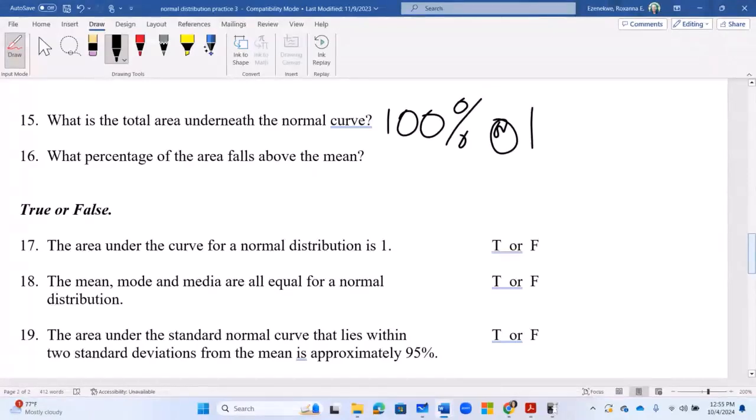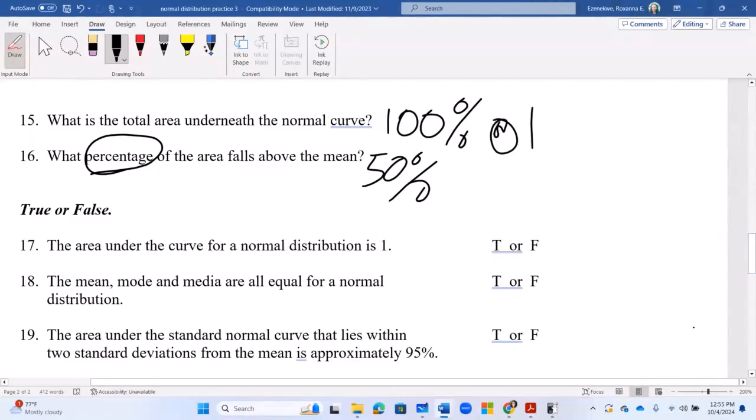Above means greater. The question says percentage, so you have to write the answer in percent. The mean divides the normal curve into 2 congruent parts. So the percentage above the mean is 50%.